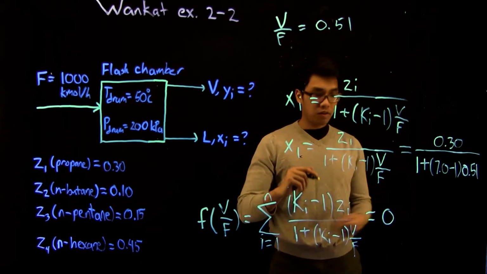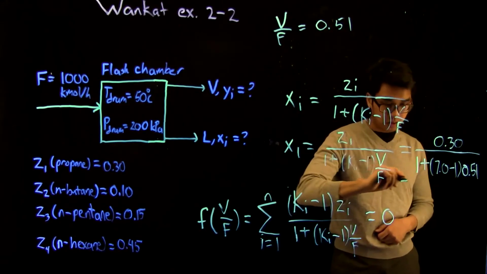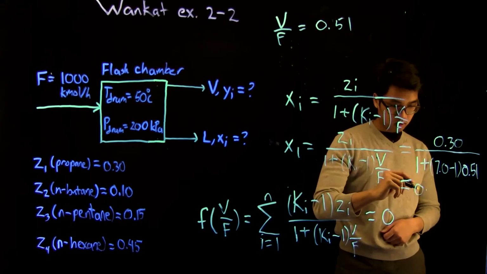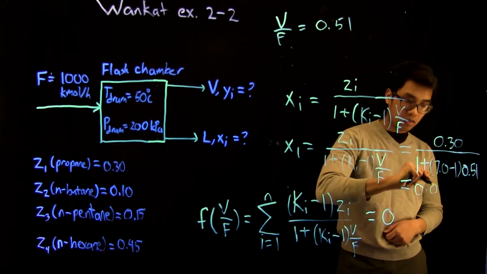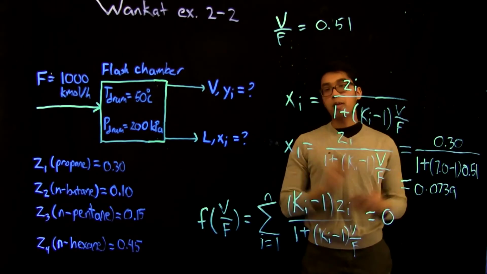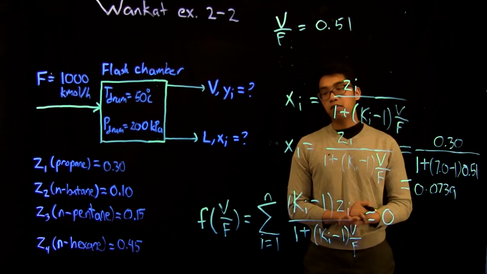And when you calculate this, you'll find that this is equal to 0.0739. You can calculate the vapor composition by multiplying xi with Ki.